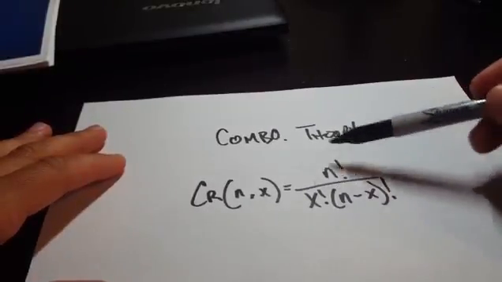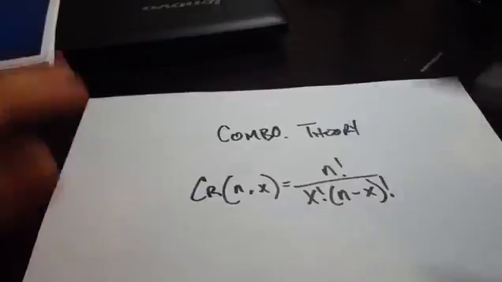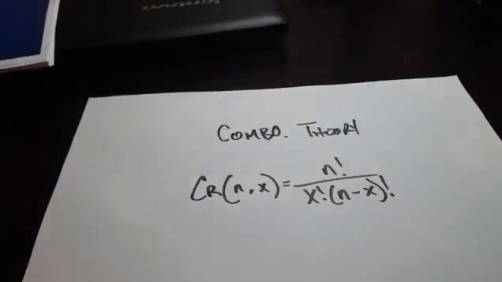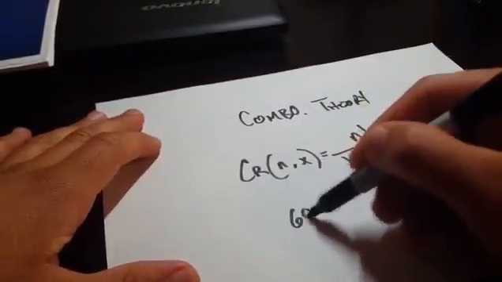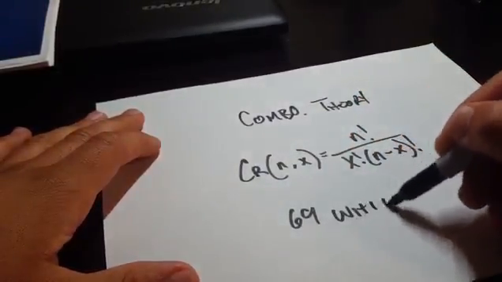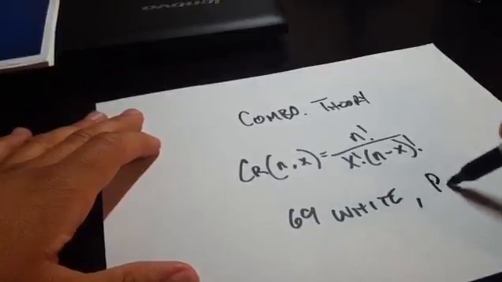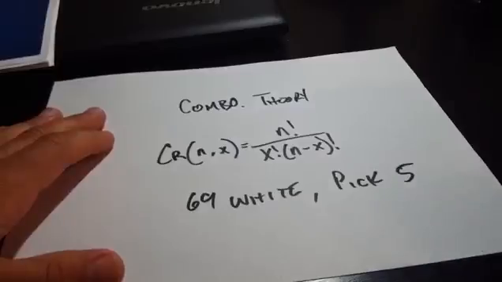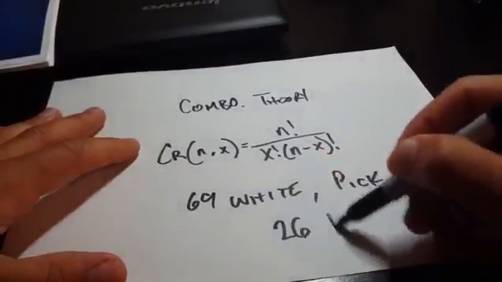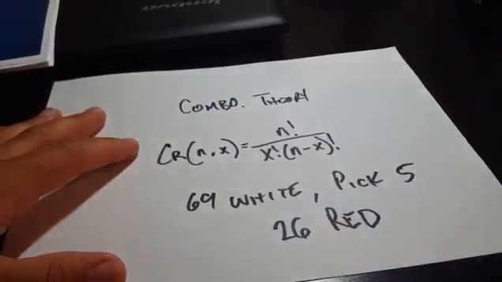So n is our population. We're going to pick 5, and we're going to find out how many combinations of 5 balls we can get out of 69. So with Powerball, we have 69 white balls, and we're going to pick 5. And then with the Powerball number, there's 26 red, and you have to get that ball right.